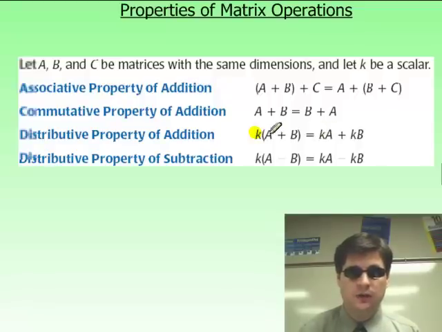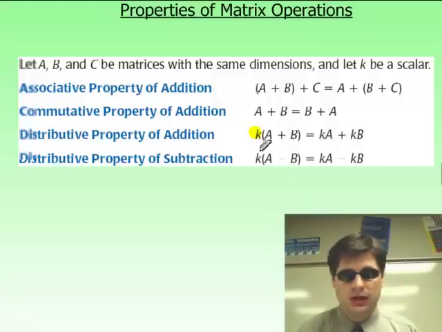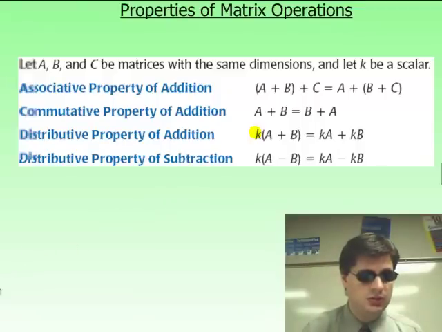So for instance, here I have matrix A plus matrix B. Well, I can distribute this scalar to both terms here, and then I could add them together. So that's something we can use to our advantage. So anyway, those are the properties.